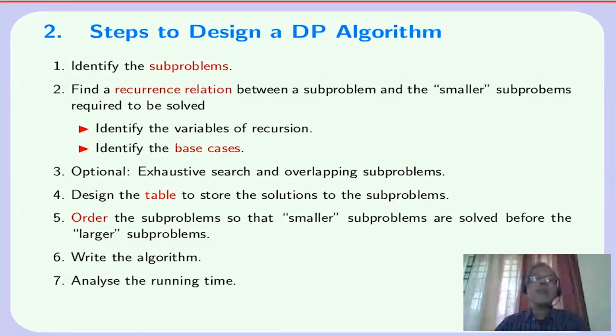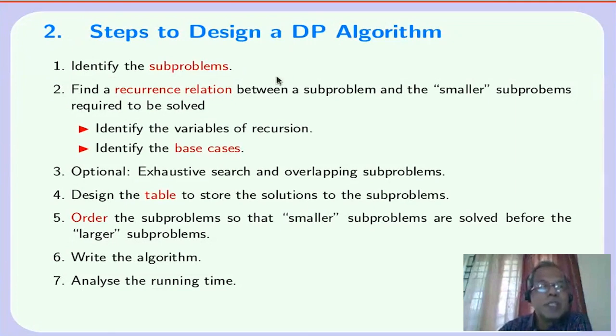They are related. Identifying the subproblems, given a problem, what are the possible ways in which I can reduce or divide or deconstruct the given problem into subproblems, is done very intuitively and informally.